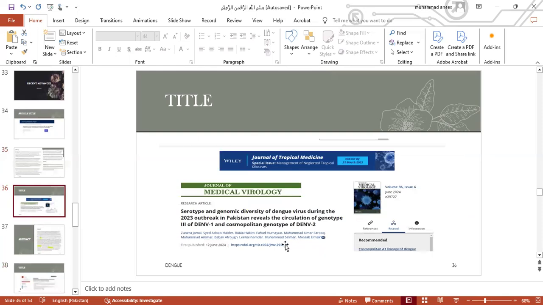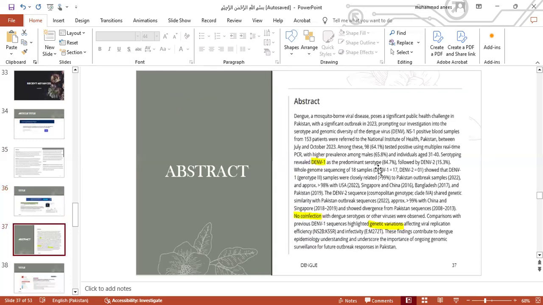This is another article, on the serotype and genomic diversity of dengue virus during the 2023 outbreak in Pakistan. It reveals the circulation of genotype 3 of dengue 1 and the cosmopolitan genotype of dengue 2. In the year 2023, the serotyping revealed dengue 1 as the predominant serotype at 84.7%, followed by dengue 2.